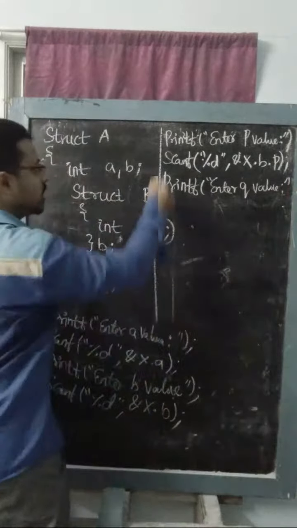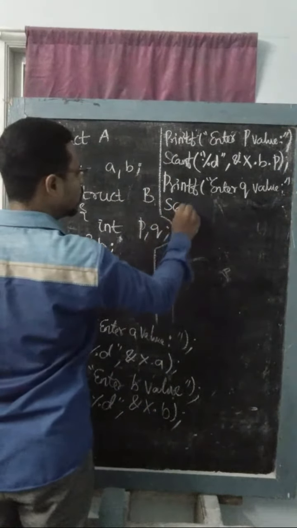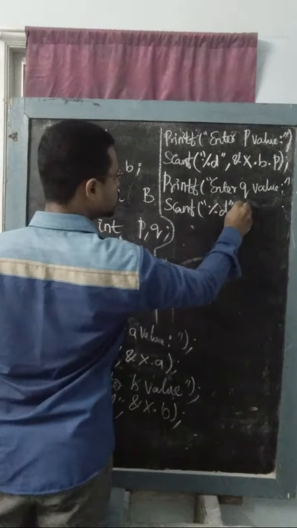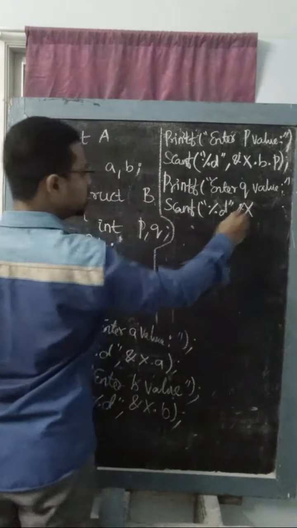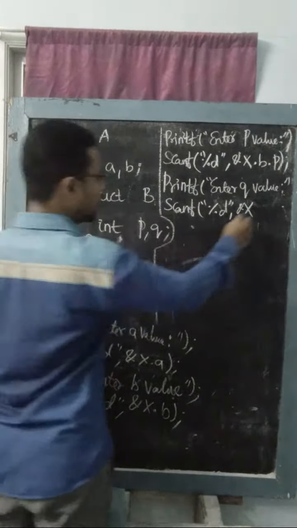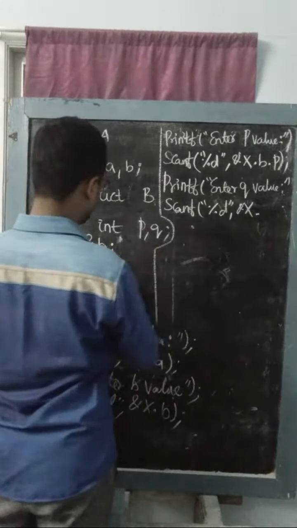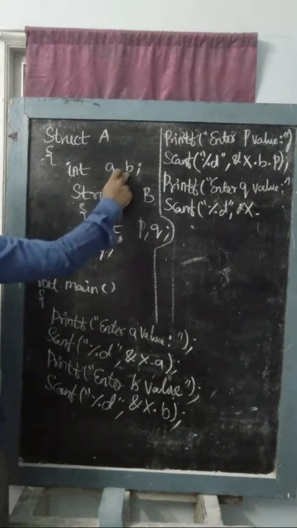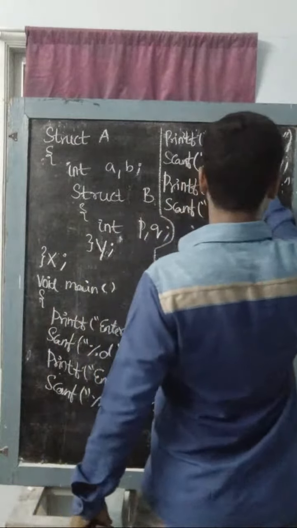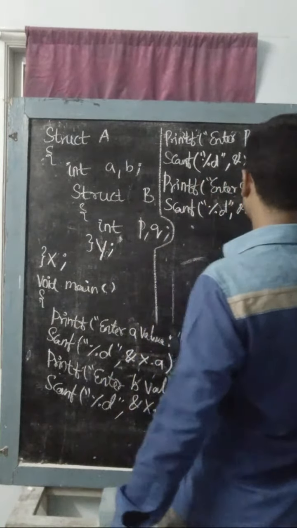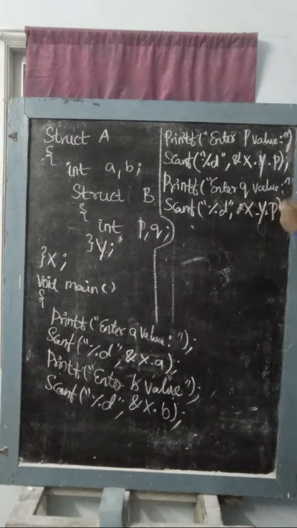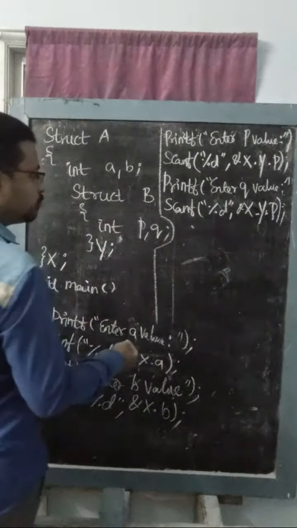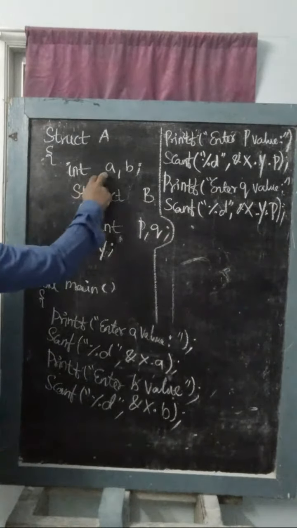The same way we get the value of Q: percentage D, address of X, the outer object, and then the inner object; I'm using Y because B is already used. So X dot Y dot Q. Shall we write like that? Okay.